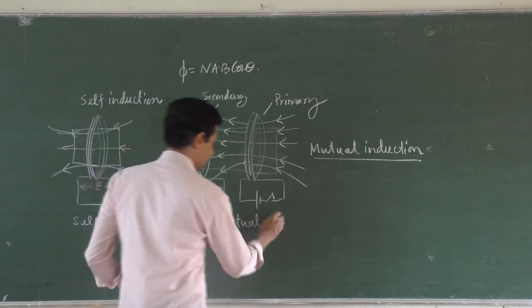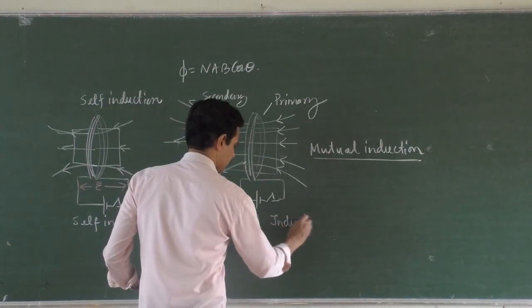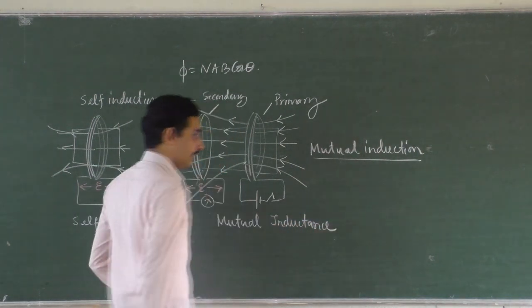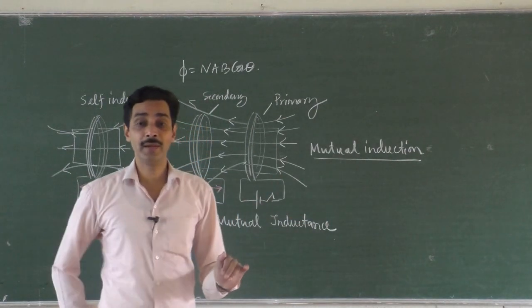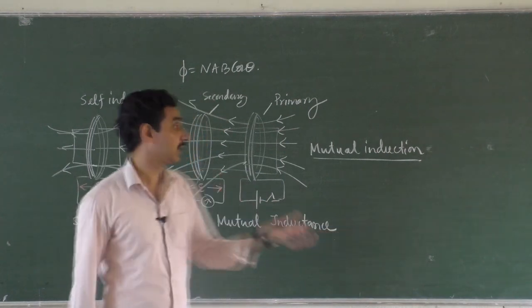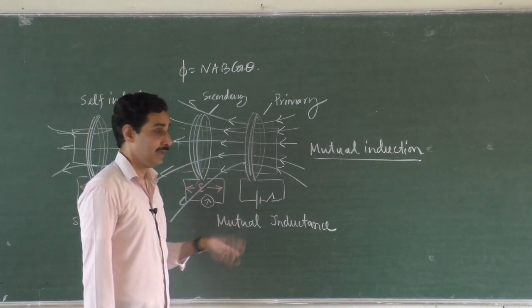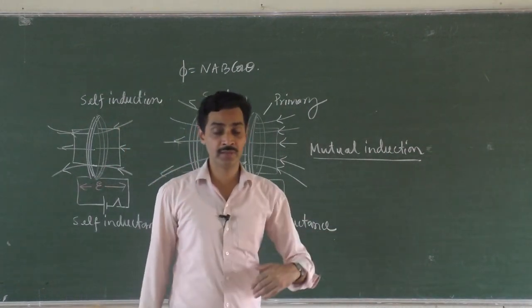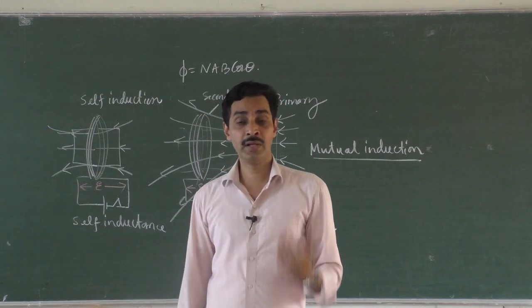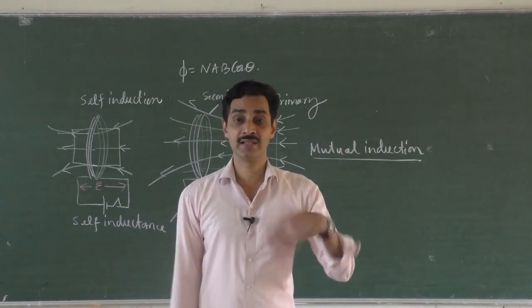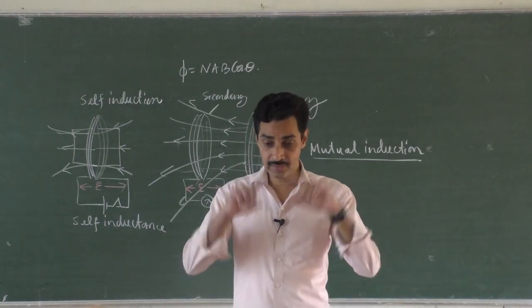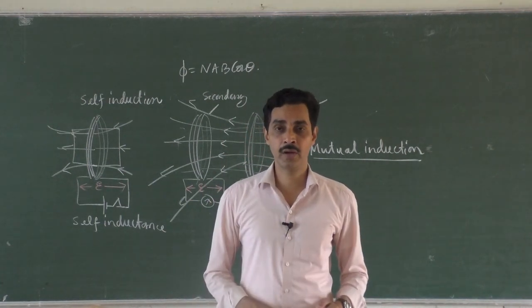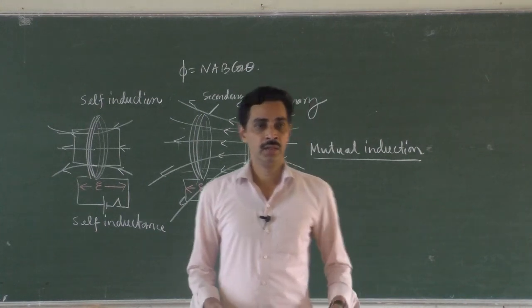So everything together I call mutual inductance. I will define what is mutual inductance. The process is called mutual induction, and the ability of the coil to induce EMF because of the change in the magnetic field in the other coil, that is called mutual inductance. Ability of the coil to induce EMF in itself because of the change in the magnetic field in itself, that is called self-inductance.